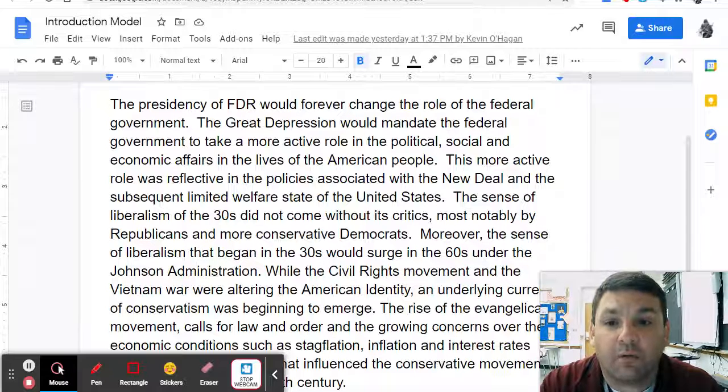This more active role was reflective in the policies associated with the New Deal and the subsequent limited welfare state of the United States. The sense of liberalism of the 30s did not come without its critics, most notably by Republicans and the more conservative Democrats. Moreover, the sense of liberalism that began in the 30s would surge in the 60s under the Johnson administration.